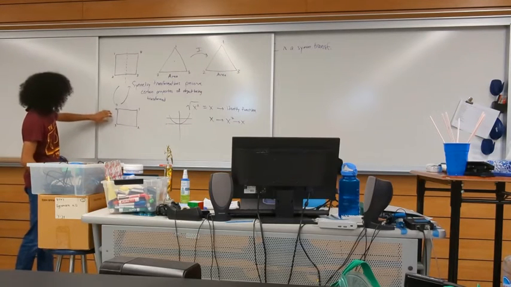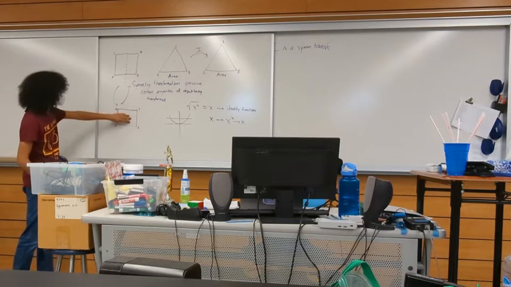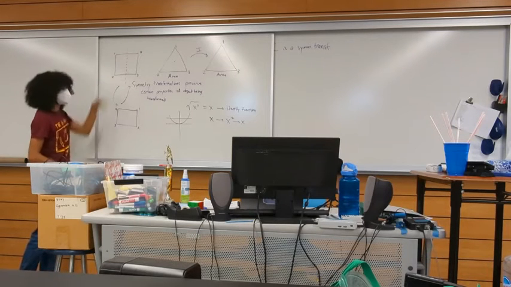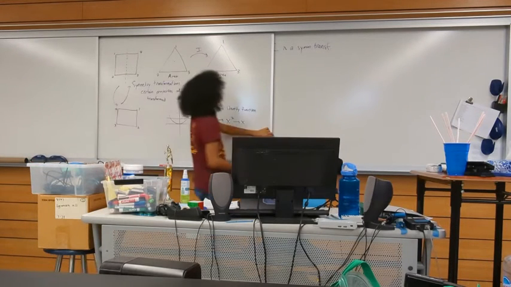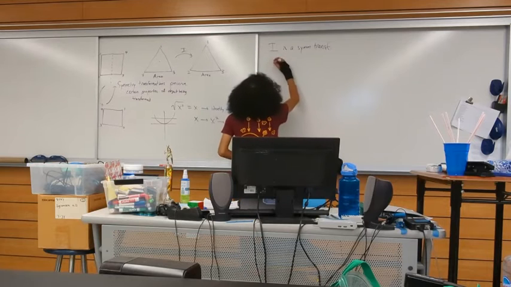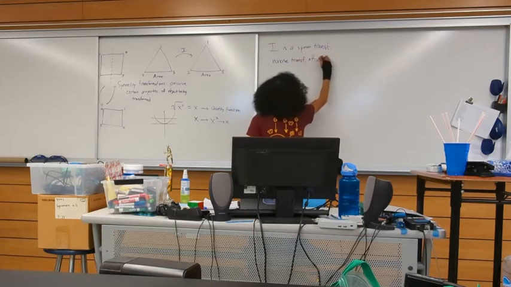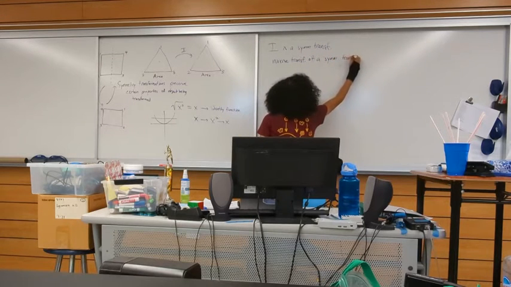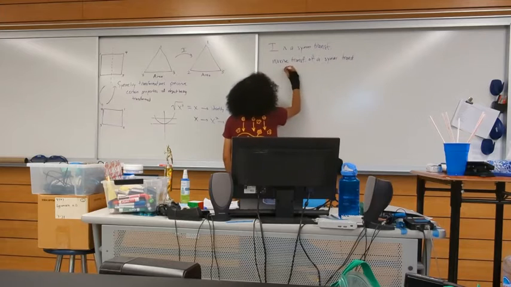The property of this shape is the same as this shape. So that property is preserved through the inverse transformation. Okay. So the inverse transformation of a symmetry transformation is also a symmetry transformation.